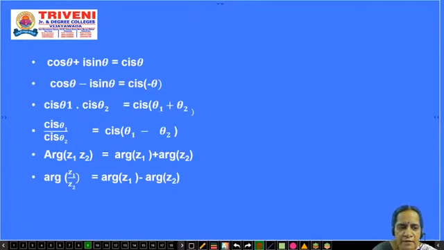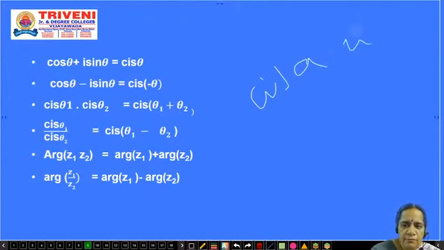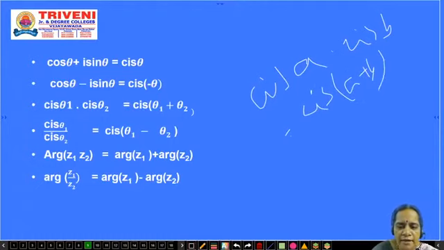Next one is cis theta 1 into cis theta 2 is equal to cis of theta 1 plus theta 2. Suppose cis A into cis B is there, then you have to write cis of A plus B. Cis means cos plus i sin.